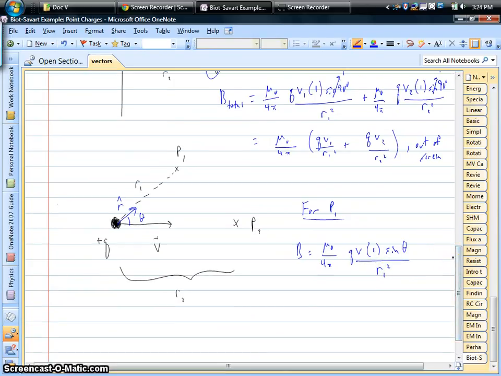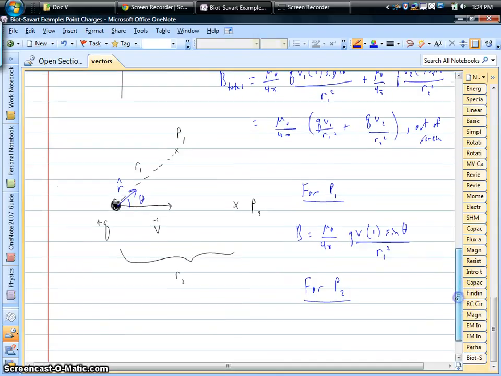Now, check out another special case. What about at P2? What if you're in front of a moving charge, and you ask the question, how much magnetism is going to be out at P2? Watch what happens if you're in front or in back of a charge, for that matter. Biot-Savart says we have our constants, the charge, the speed. R hat is 1. Now, think about the r hat for P2. R hat is now parallel to your velocity if you're out in front of the charge. There's a 0-degree angle between that direction vector and your motion.